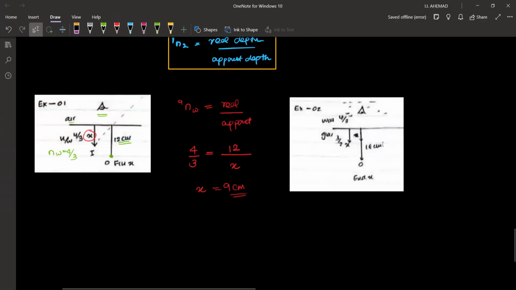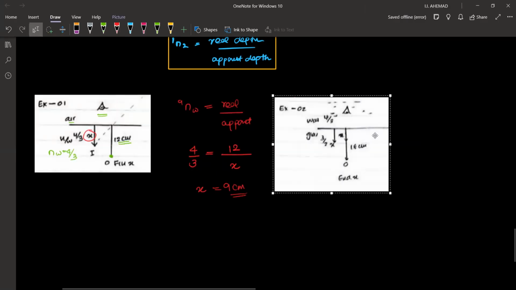If you're done with the first, try the second. This is water and this is glass. The refractive index of water is 4 by 3 and the glass is 3 by 2.